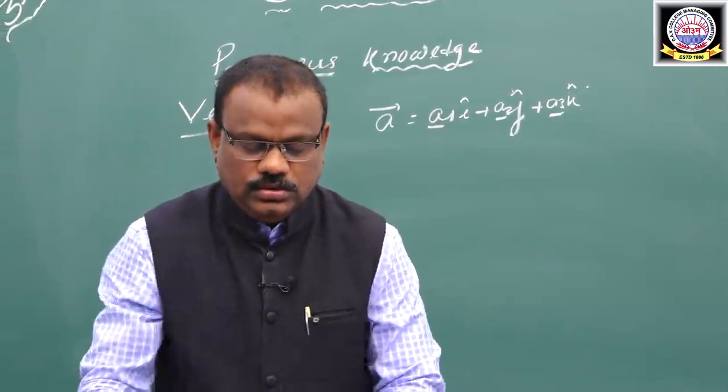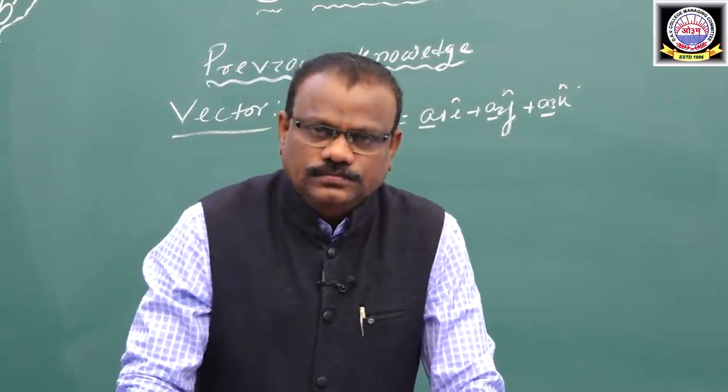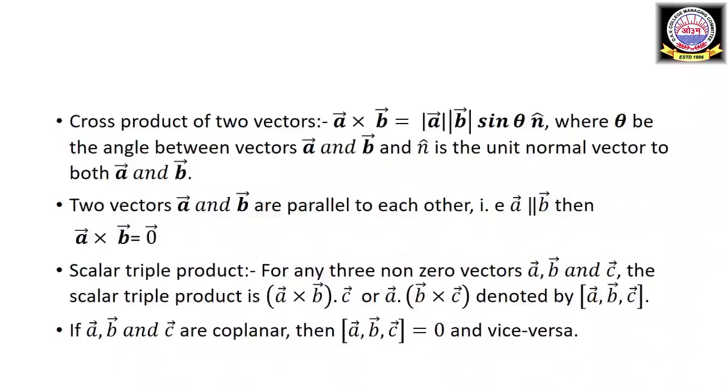Then come to the cross product. You know, the cross product of the two vectors A and B denoted by A cross B is equal to |A| |B| sin theta into n cap. That n cap is very important.